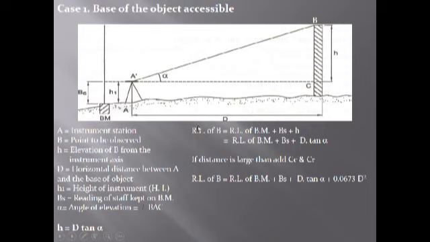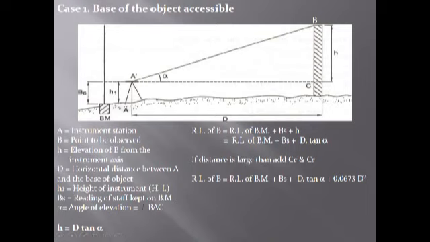RL of B, the reducing level of B, equals RL of BM plus BS plus H. Again, you write that as reducing level of BM plus BS plus D tan alpha, by trigonometric calculation, because tan alpha equals H upon D. So H equals D into tan alpha.